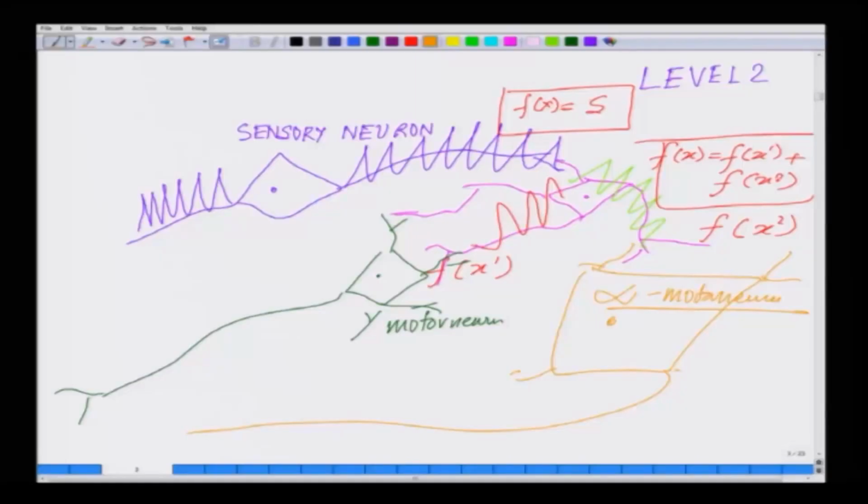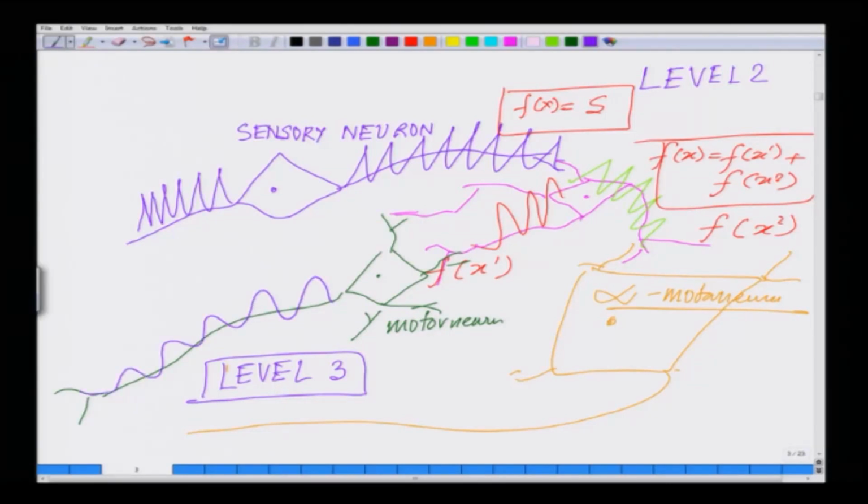So, if this is level 2, at this stage there are 3 levels which are starting. From here we are initiating level 3. So, here there is the train of action potential which is traveling to ensure that the muscle spindle regains its original shape or length.